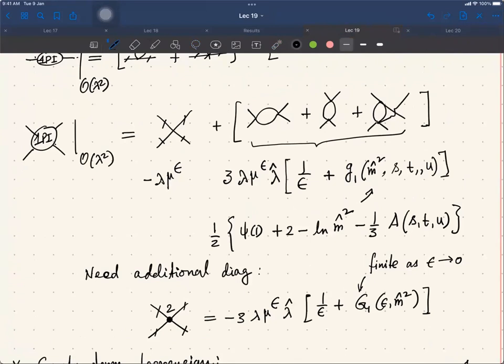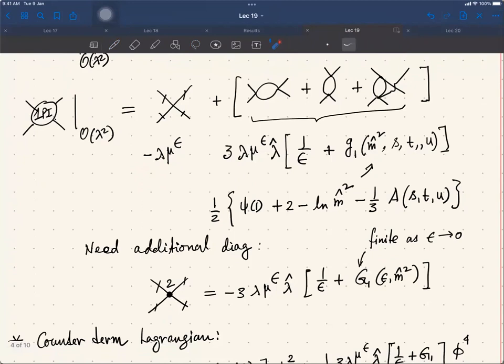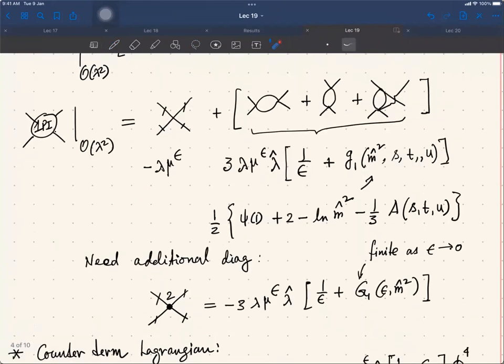In the epsilon going to 0 limit, we have minus lambda, and then 3 lambda times lambda hat, epsilon going to 0 limit, mu to the power epsilon goes away.